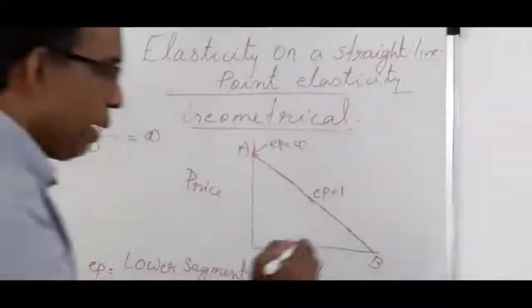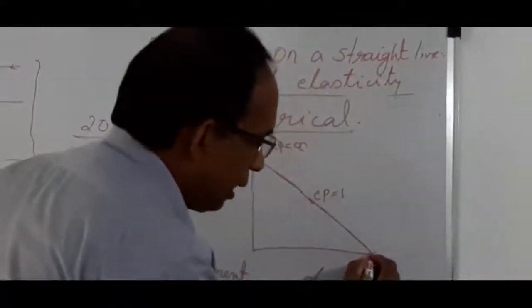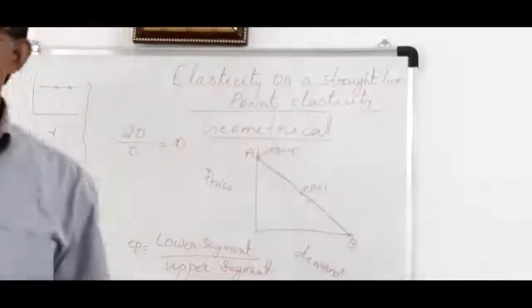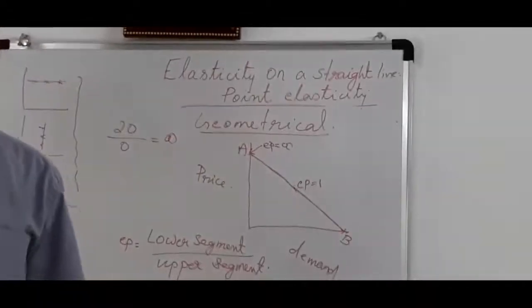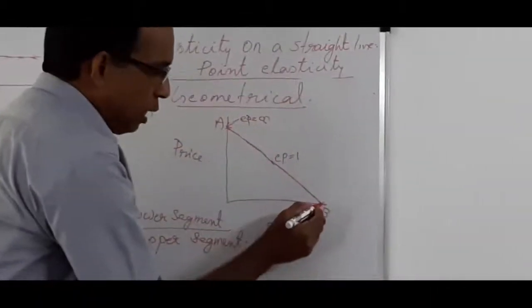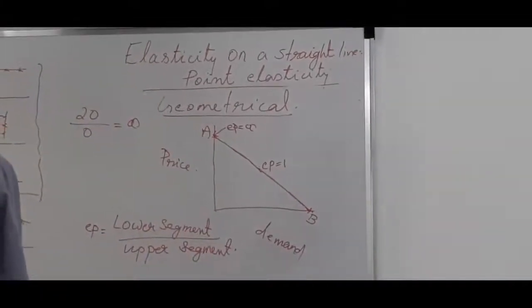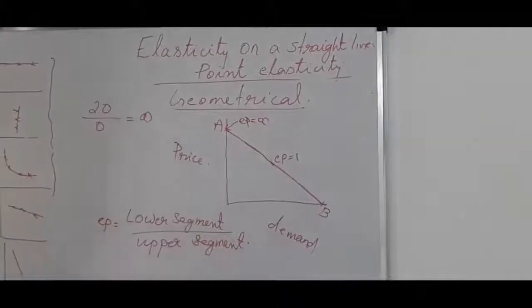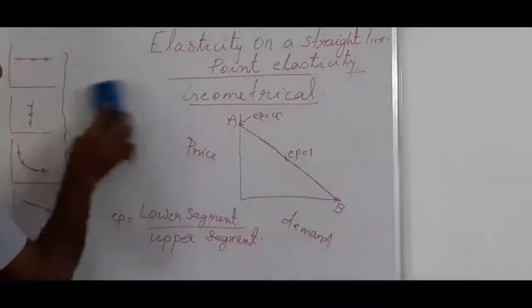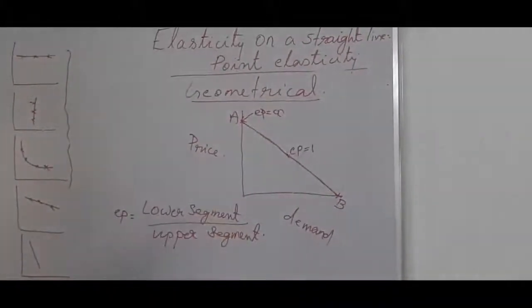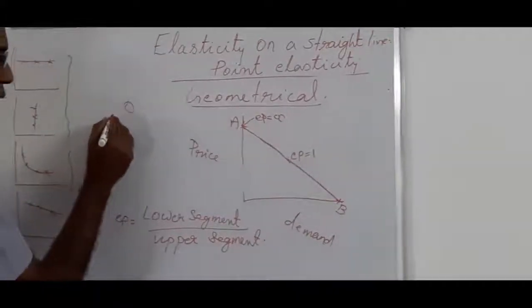Suppose we are selecting the point where the demand curve joins the x-axis. When we select this point, is there any lower segment? No, lower segment is 0. What is the upper segment?